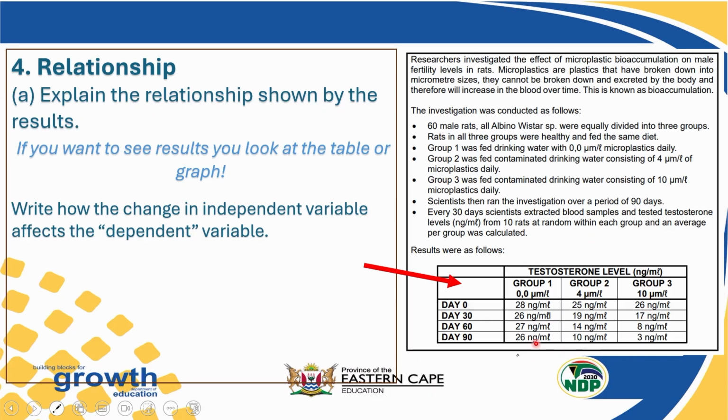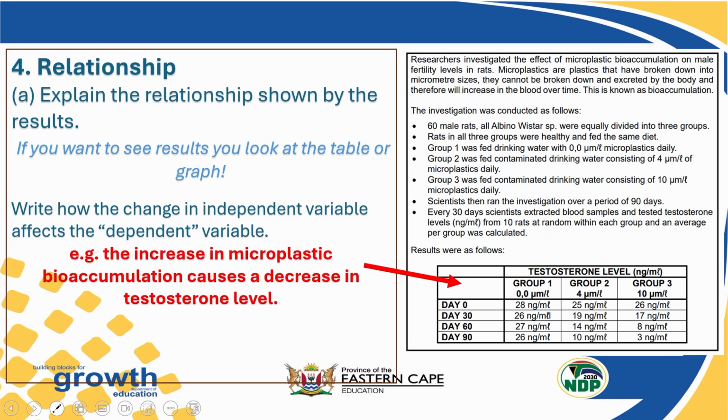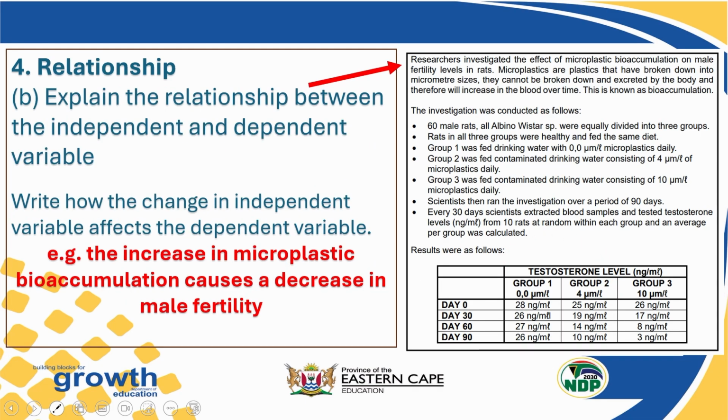So I looked at my table and I explained using the words in my table. But in the next question, it asked me to explain the relationship between independent and dependent. And therefore, I needed to use the words for independent and dependent. Okay. So it's very important to read the question carefully so that you explain the correct relationship that's being shown.